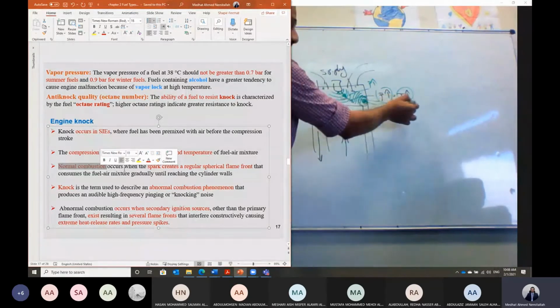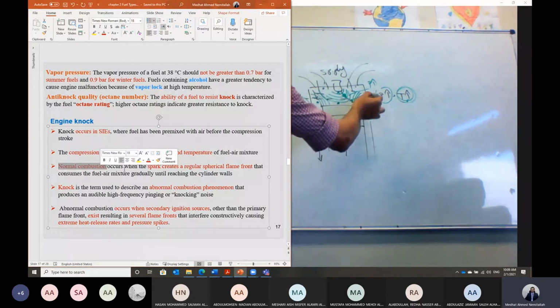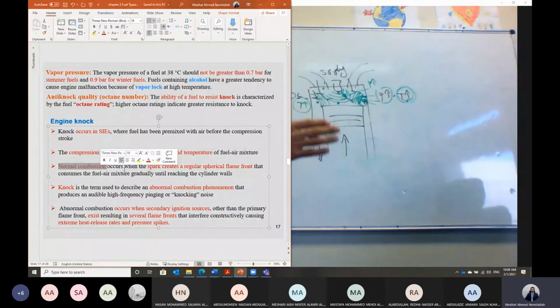If the temperature exceeds the self-ignition temperature before the flame initiated by the spark plug reaches this point, then another flame will be initiated at this point. So it's a kind of successive flame or successive explosion. We call it detonation in this case. This successive self-ignition results in the phenomenon which is called engine knock.